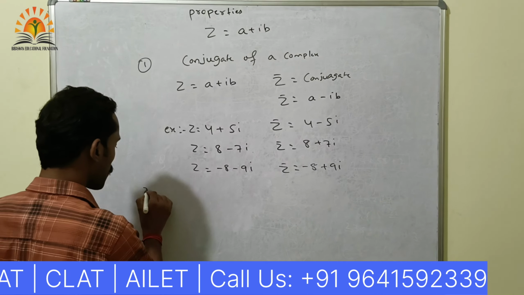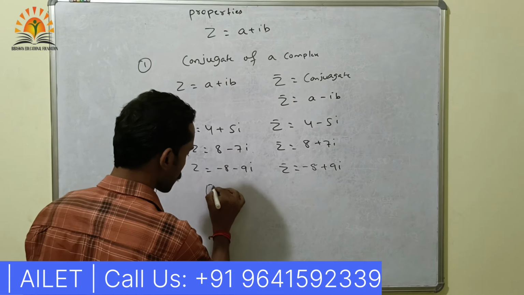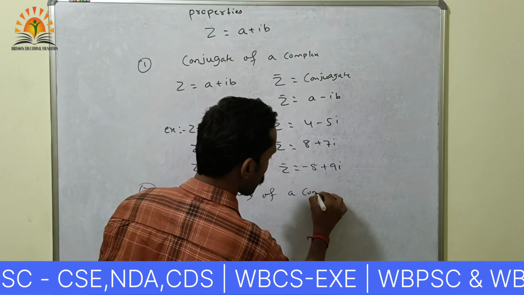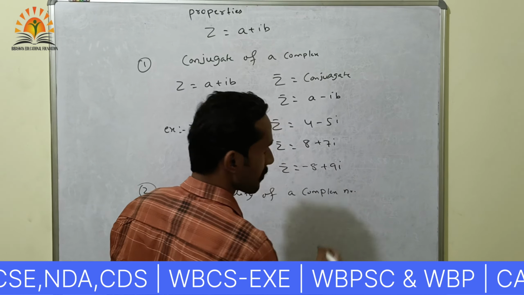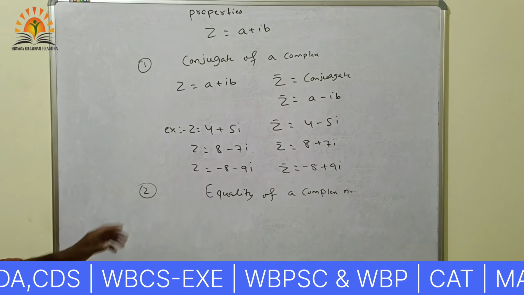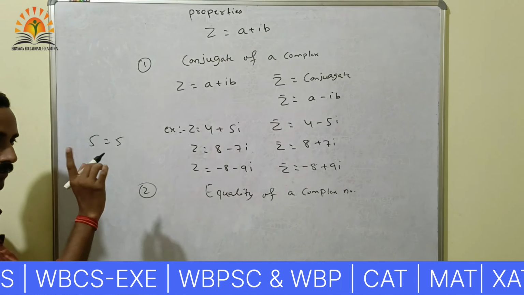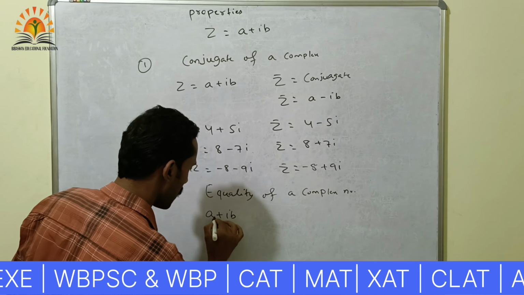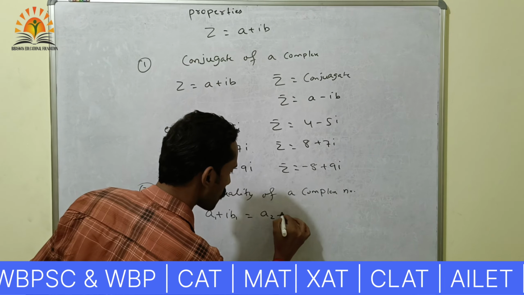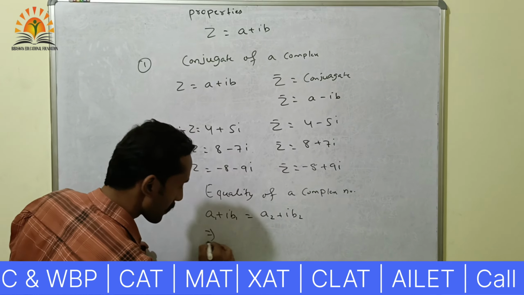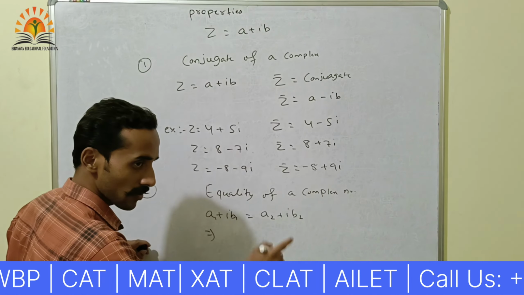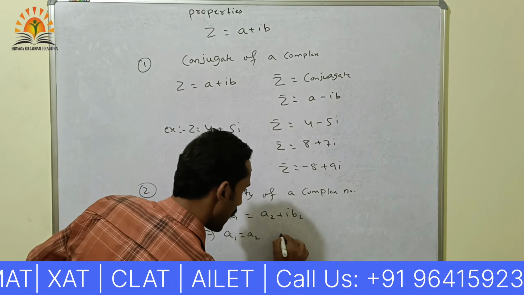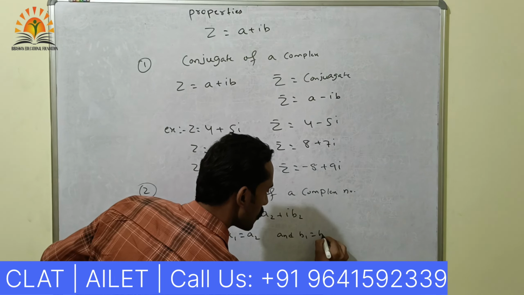Very easy. Now the second property is equality. We can face equality of a complex number. In real numbers, equality just means 5 is equal to 5, a fixed number. But here, if a1 plus iota b1 is equal to a2 plus iota b2, this implies that a1 is equal to a2 and b1 is equal to b2.